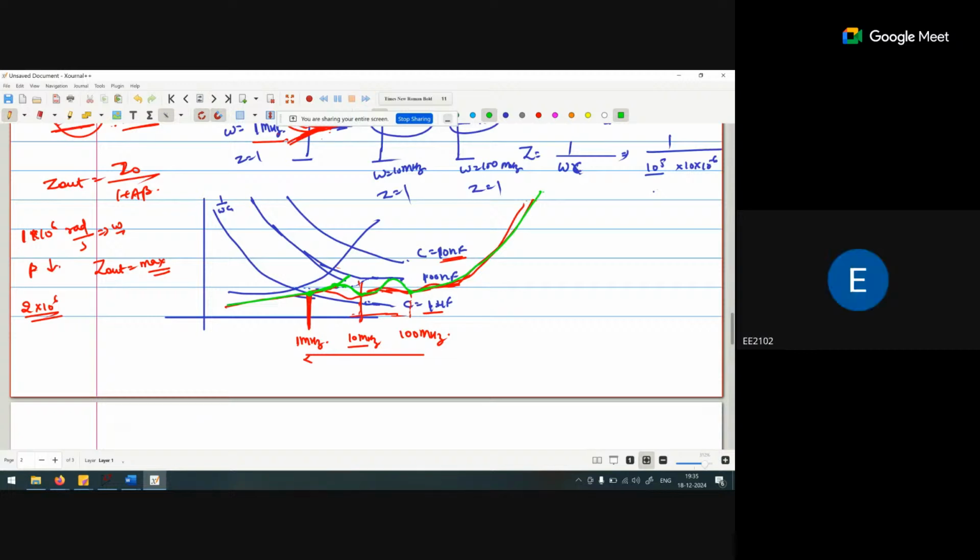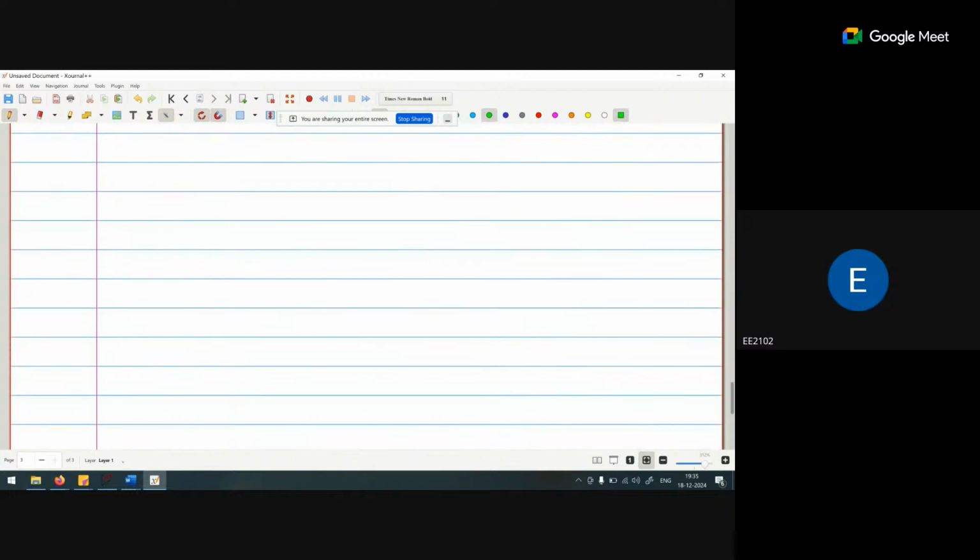So basically we have to reduce the value of Z out. Why is the value of Z out reducing? Why will the value of Z out be reducing?